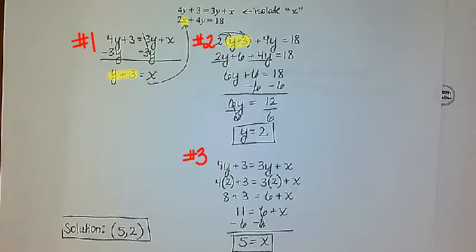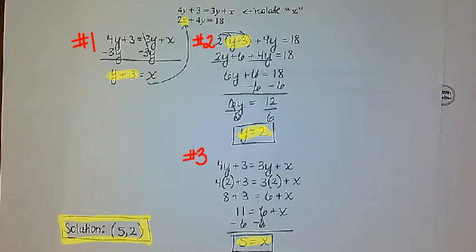Now be careful. Notice, y is equal to 2 and x is equal to 5. Just because I found y first, do not write this incorrectly. It's x comma y, no matter how you solve it. This just so happened that I solved for y first.